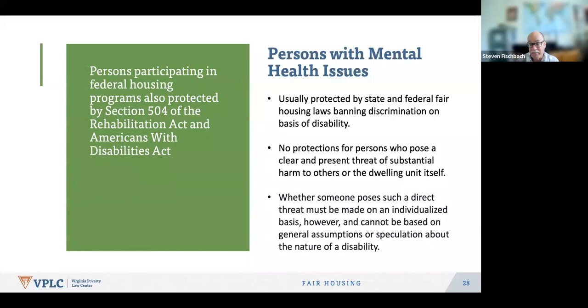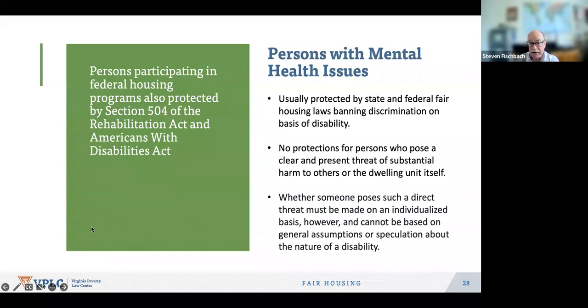And that has to be based on an individualized basis. In other words, a landlord can't say, oh, you're a schizophrenic, you're gonna hurt people, and I'm not gonna rent to you. That's not gonna cut it. It has to be based on the person's actual history of potential of harming others or destroying property.